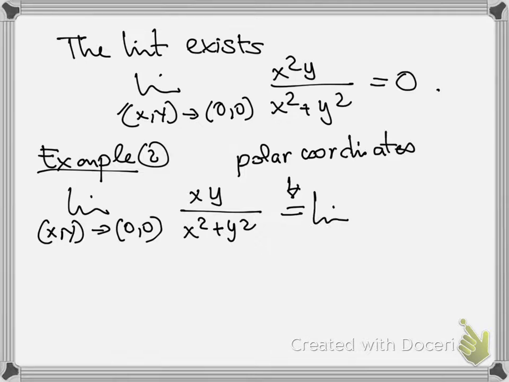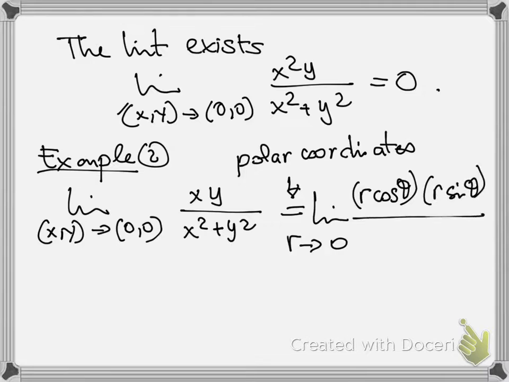So that will be the limit as r goes to 0, right? Because if (x, y) approaches the origin, it means that the radius goes to 0. So here it's r cosine theta times r sine theta over, again, r cosine squared theta plus r sine squared theta.